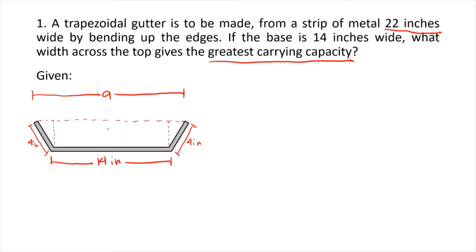So we can call this area 1. Then let's call this area 2, which is also equal to the area of this portion here. So let's call this area 2 also.